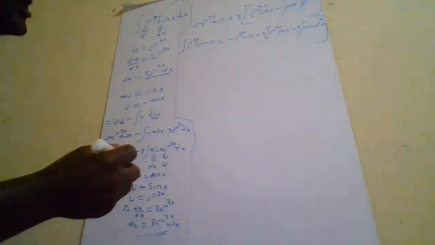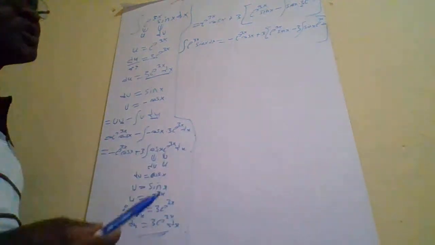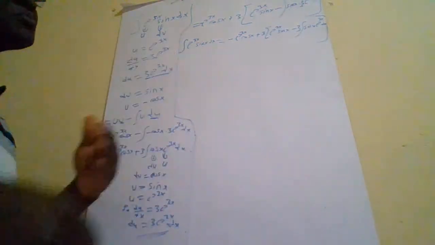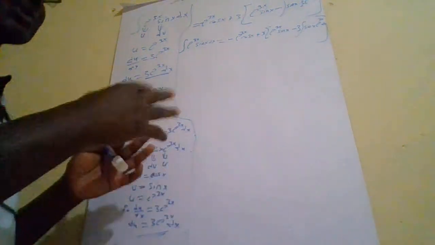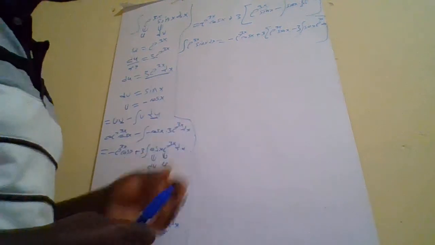And then we have reached where we started from, because when you compare this and this, they are the same. So when we continue integrating from here again, then we shall be repeating ourselves and we will not come to an end of this equation.